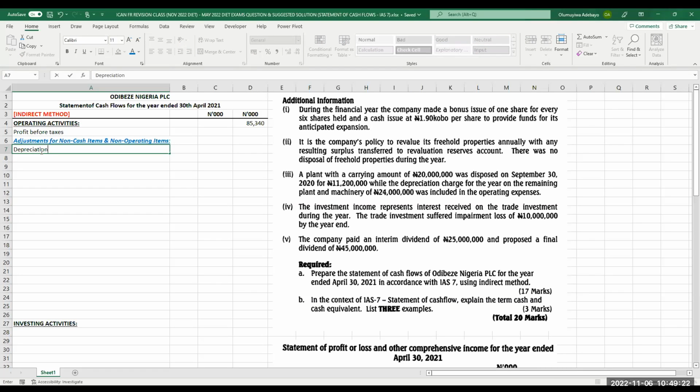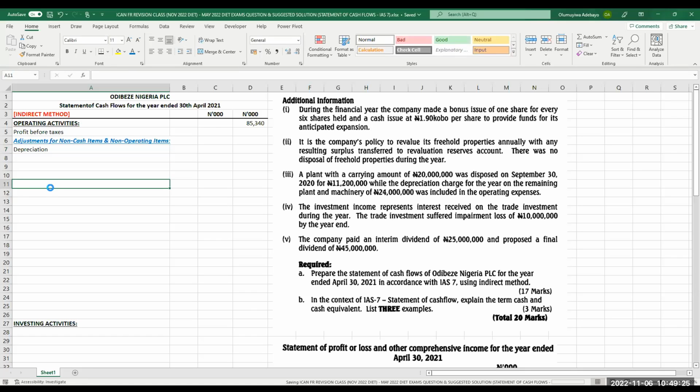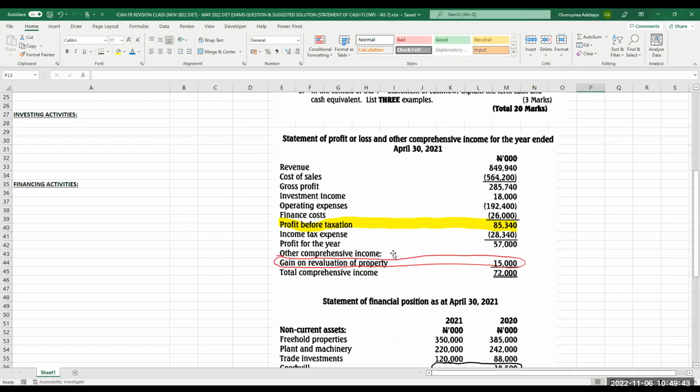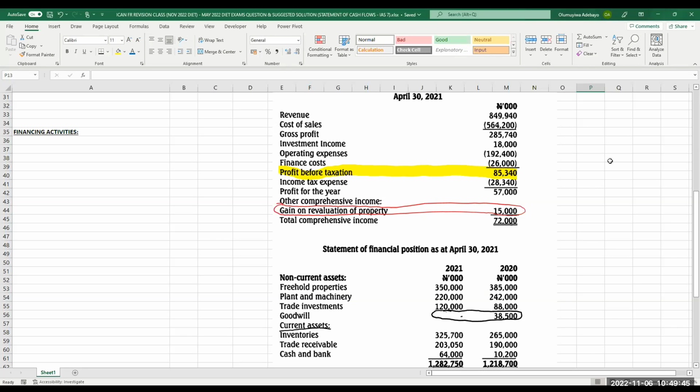So far, an entity has depreciation. So far, it has property, plant, and equipment, which has not been abandoned. Therefore, automatically there will be depreciation of such an asset once it's available for its intended use, even when it's not being used. Now, let's look at the information here. There's no information here that shows us the amount of depreciation, but we know that it may have been included either in cost of sales if it's manufacturing-related depreciation, or, for administrative assets, in operating expenses.